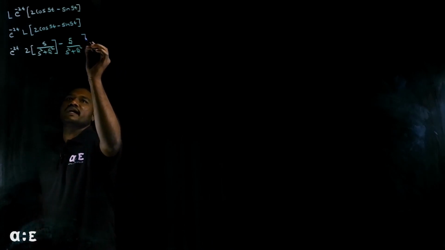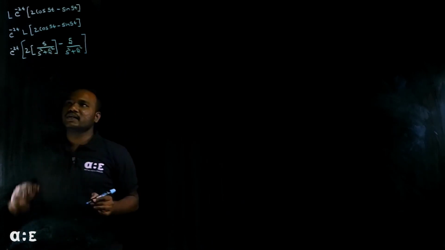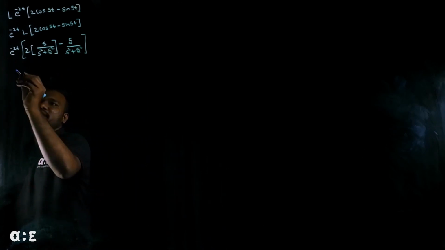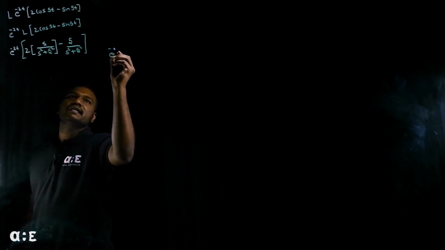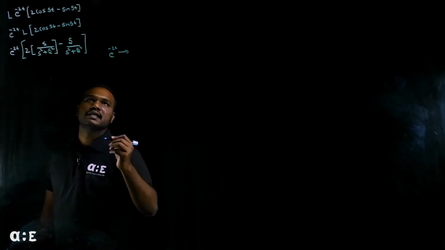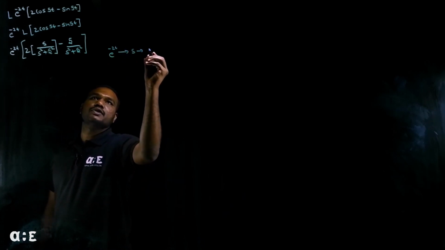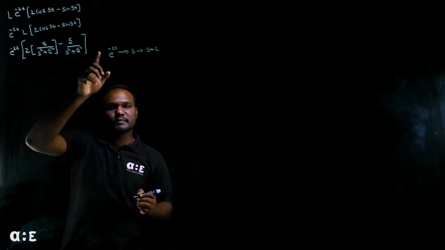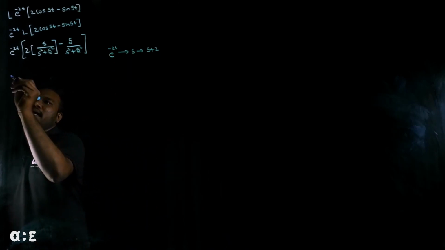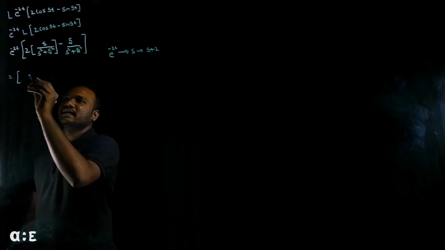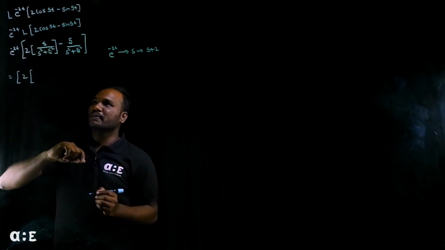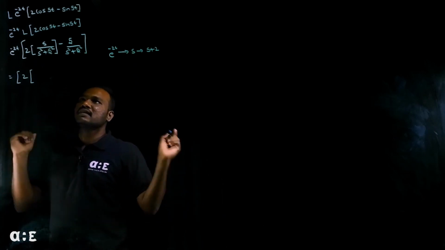So we need to shift this e power minus 2t inside. So what will we get? e power minus 2t, how to eliminate this? In place of s, I need to substitute s plus 2. If there is a minus, I need to take plus. If there is a plus, I need to take minus. In the numerator also I have s, so wherever we have s, we need to replace it with s plus 2.